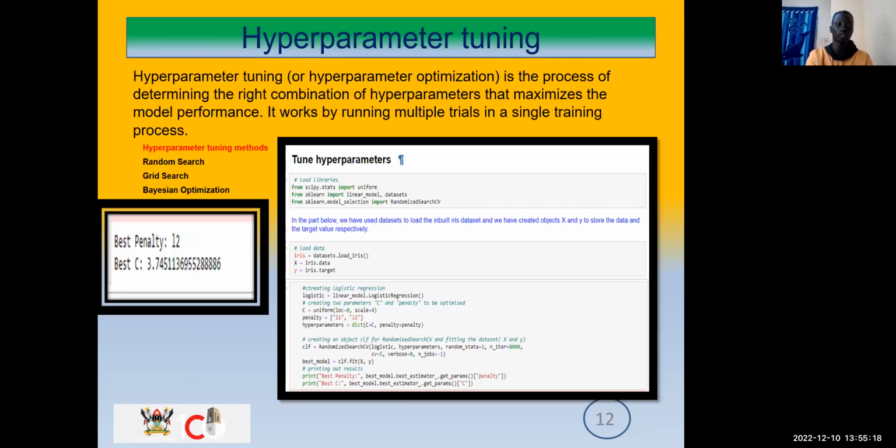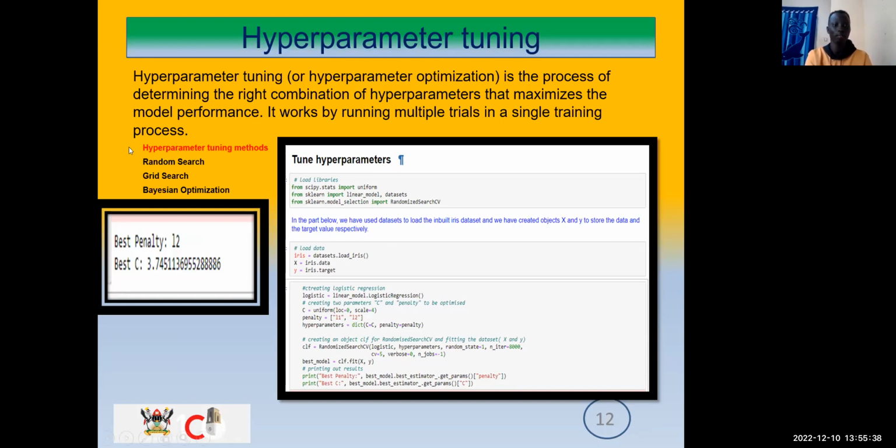Hyperparameter tuning. Hyperparameter tuning is the process of determining the right combination of hyperparameters that maximizes the model performance. It works by running multiple trials in a single training job.